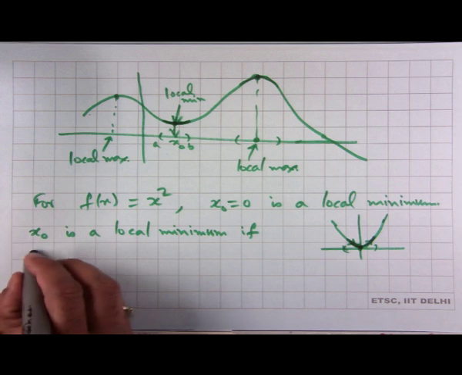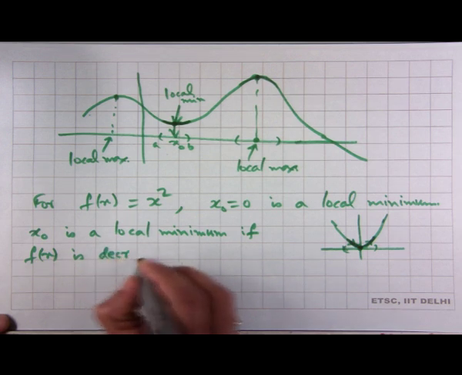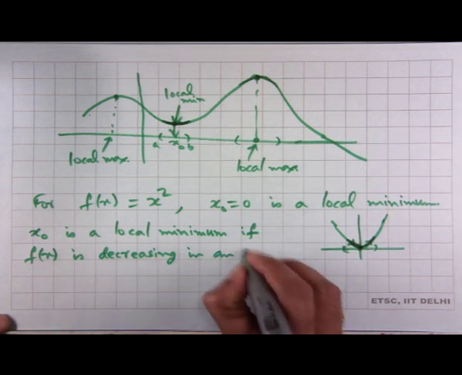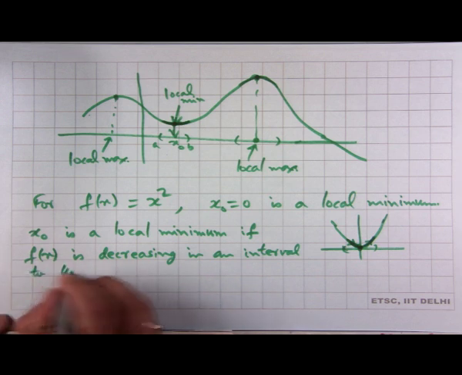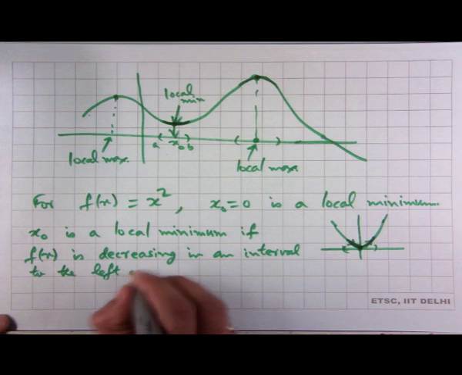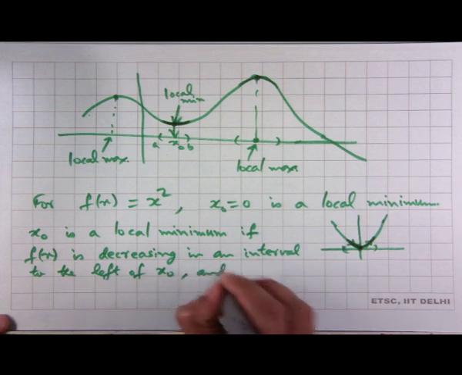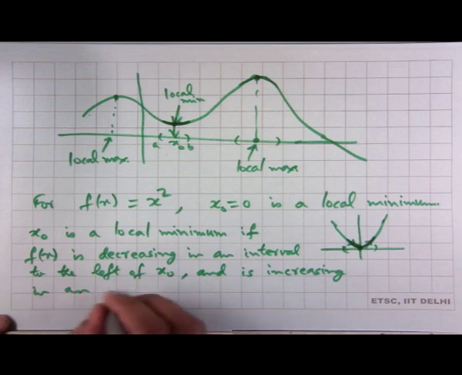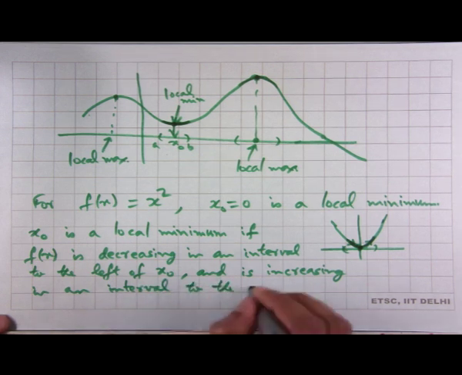if f x is decreasing in an interval to the left of x naught and is increasing in an interval to the right of x naught.